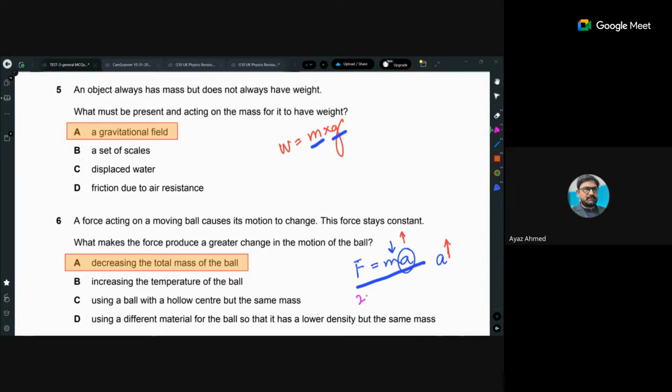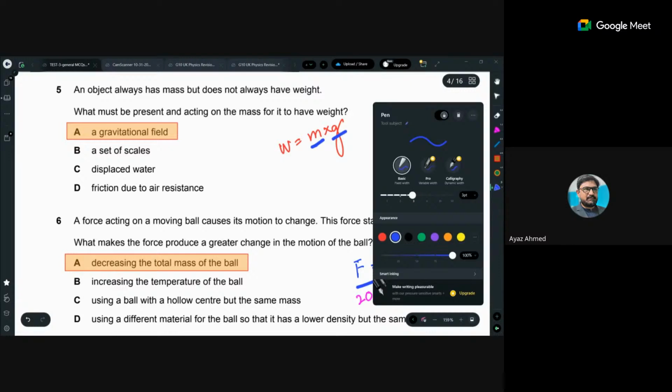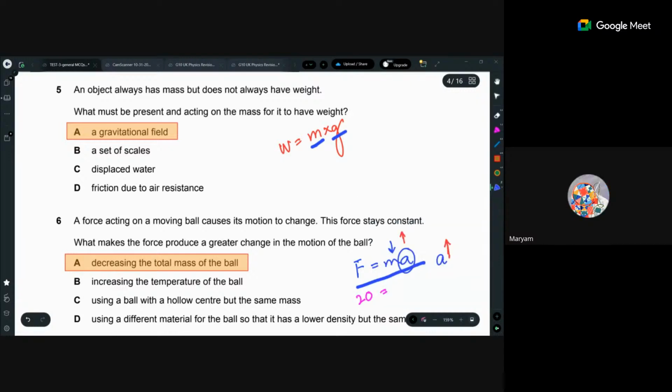For example, if we have a force equal to 20 Newton, right? Are you getting my point? And amongst mass and acceleration, if we are going to have a decrease in acceleration, we have to increase the mass to keep this product constant.